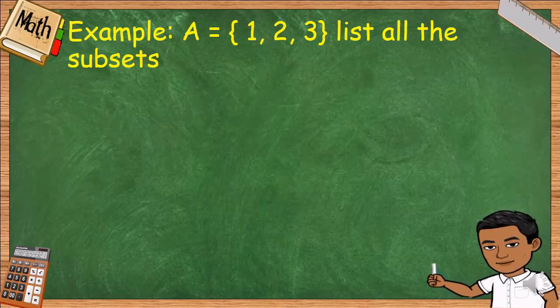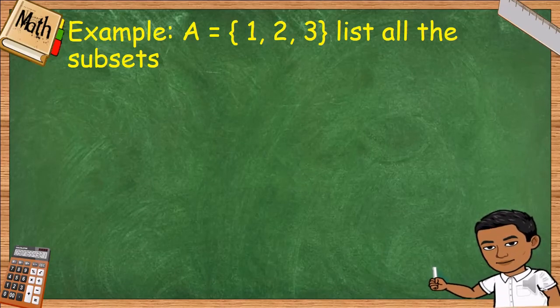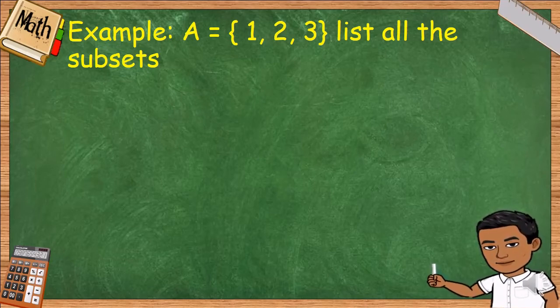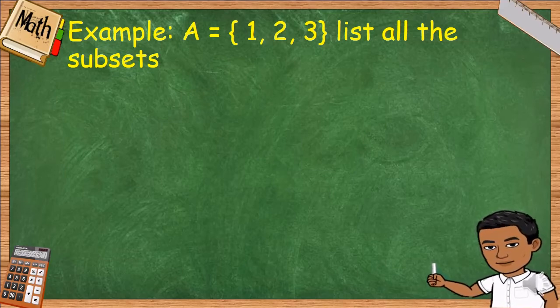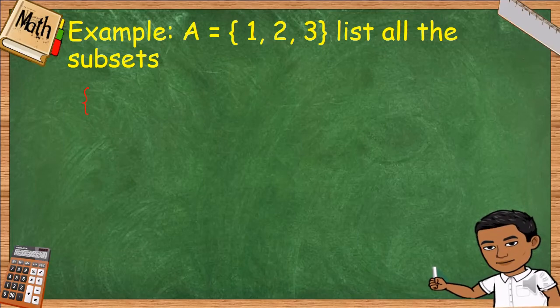Now, let's list down the subsets given the set A with elements 1, 2, and 3. List down natin yung mga subset niya. So, sabi natin, ang empty set ay subset of any set. So, lagay natin yung first subset niya, the empty set. Now, ano pa yung mga subset ng set A?